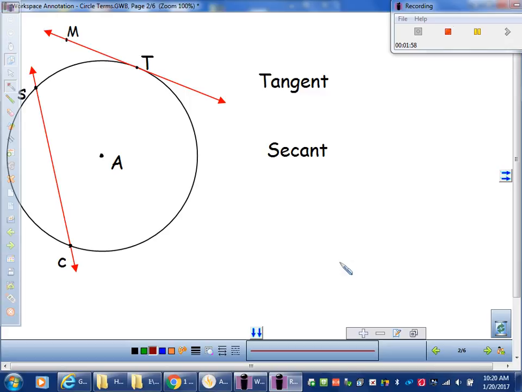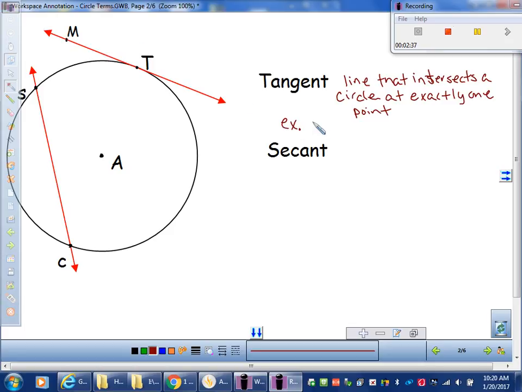A tangent is not a segment, it is a line that intersects a circle at exactly one point. For example, line MT is a tangent.